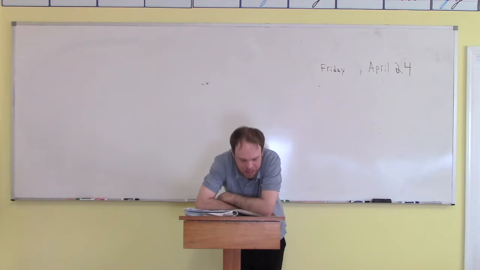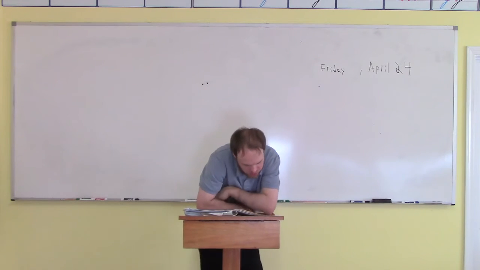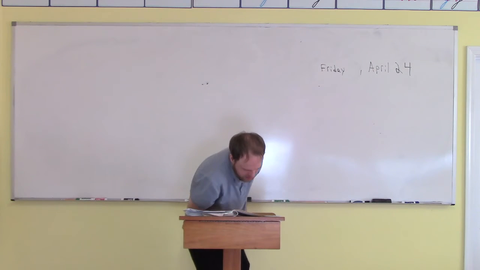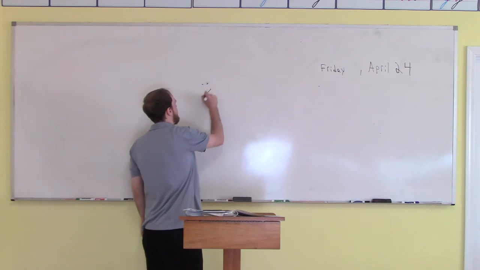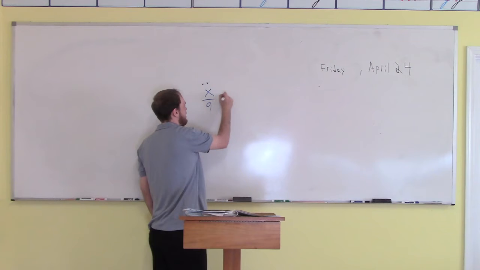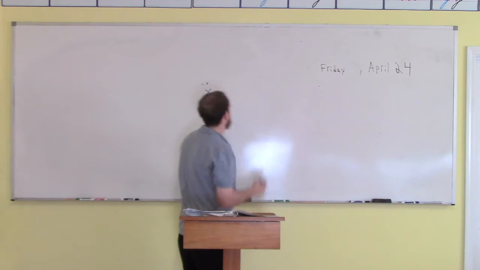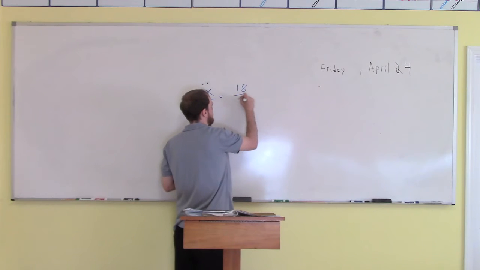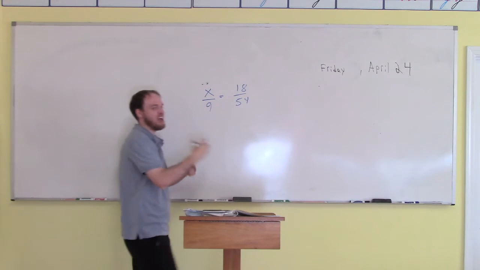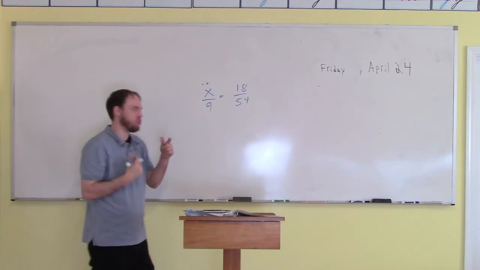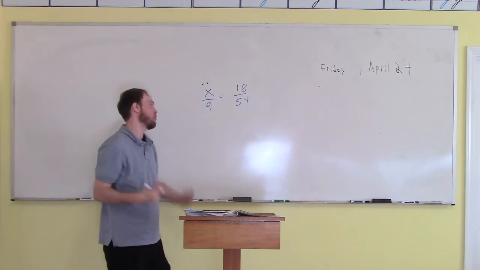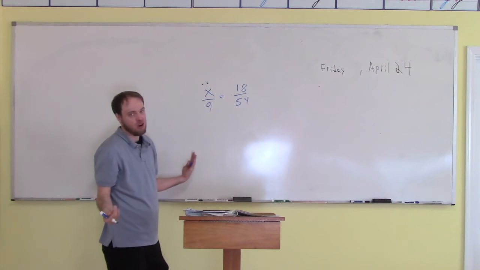For 6 through 9, you're just solving each proportion. So we'll look at number 6 together. Number 6 said x over 9 equals 18 over 54. Once they have the proportion set up, the ratio set up, it's just going to be cross multiplication, or you can cross reduce too.